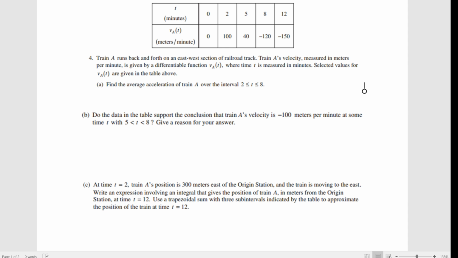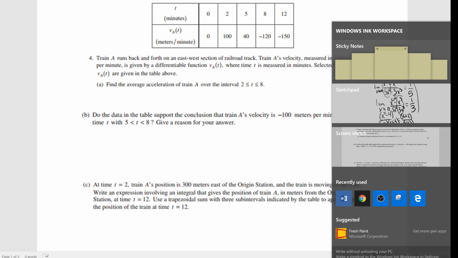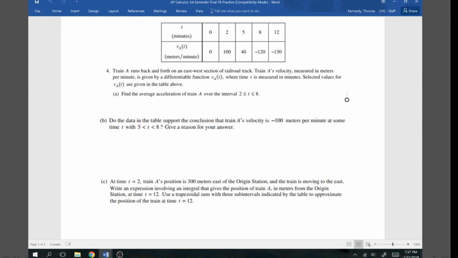Okay, to start our free response question. The first thing says, find the average acceleration of train A over the interval 2 to 8. This is one of those, can you do y2 minus y1 over x2 minus x1 questions? And I say yes. So negative 120 minus 100 over 8 minus 2.